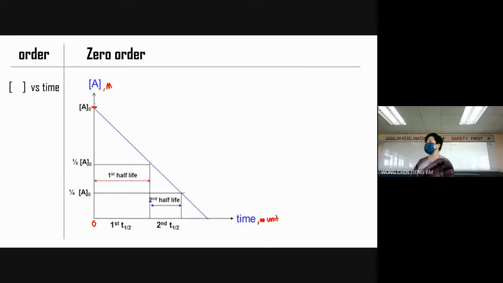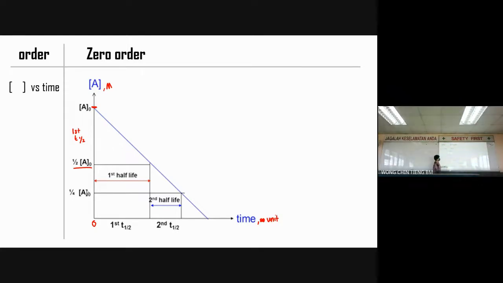Kenapa kita panggil dia adalah half-life graph? Ada concentration, ada time. Concentration initial separuh. Nampak tak? 1/2. That is your first half-life. Kan? Tinggi ni. Alright. Separuh. Kamu ada tinggi ni. This one until here. So separuh dia adalah half-life.